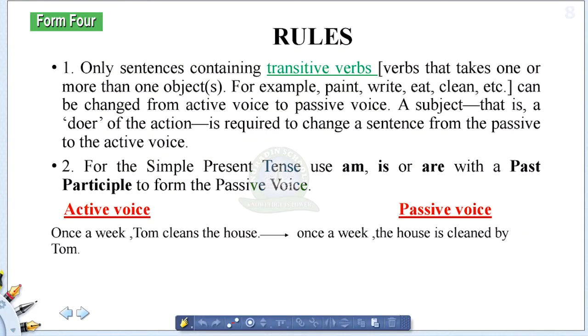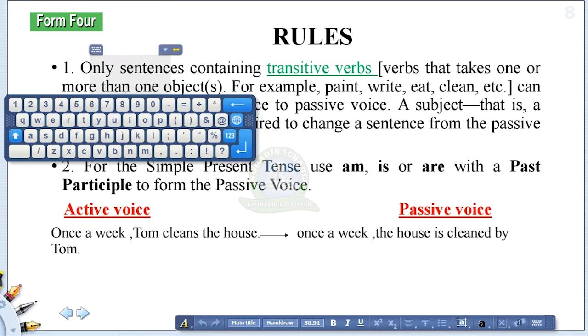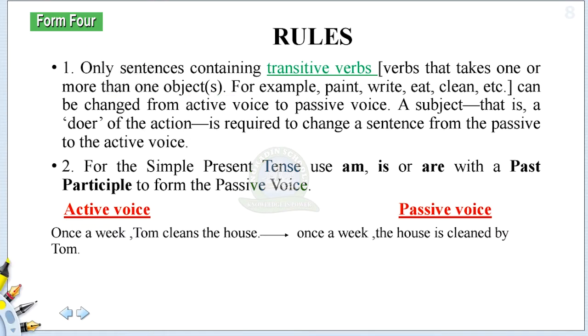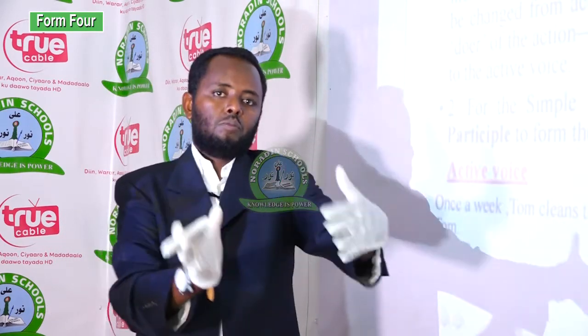Remember the rules for using active and passive. When you want to change active into passive voice, keep in mind the rules. Only sentences containing transitive verbs can be changed. Transitive verbs are verbs that take one or more objects. A verb which has an object, we call transitive.